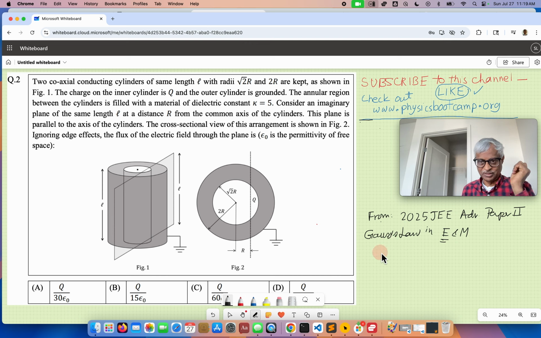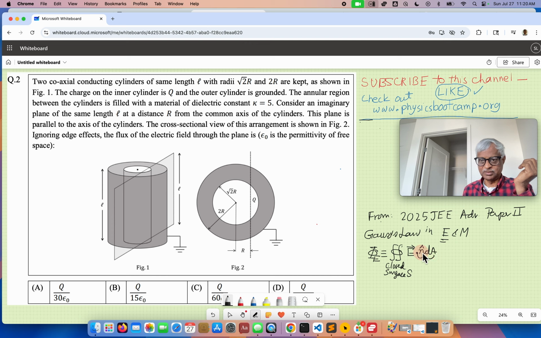This is not doable otherwise. There's a quantity called the flux of the electric field. It is defined as a double integral over a closed surface in space: you take the electric field and take a dot product with the area element.